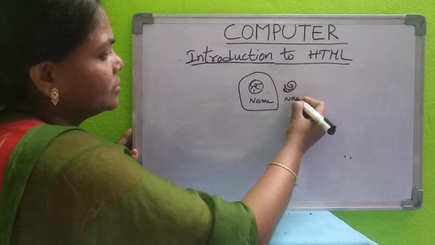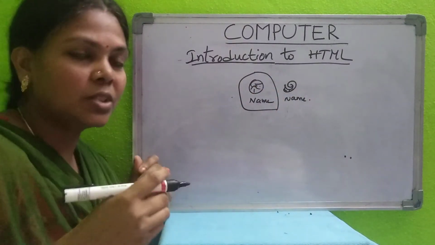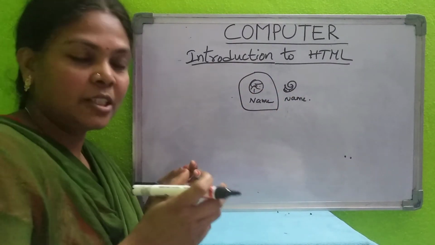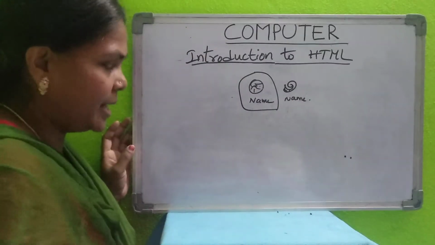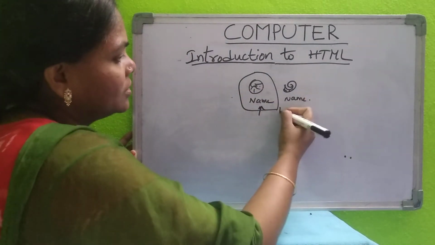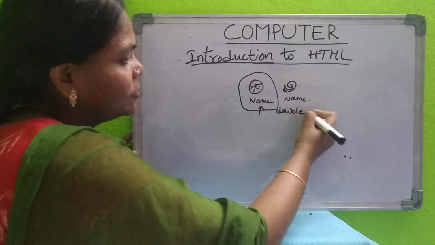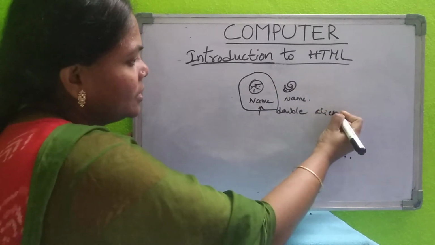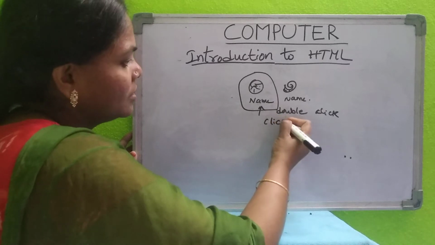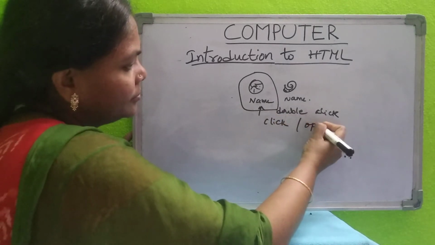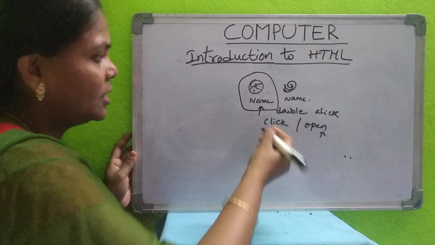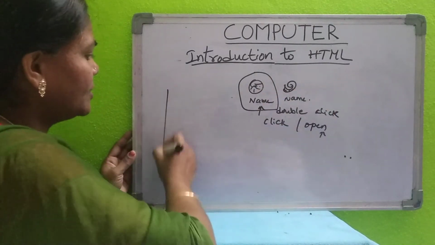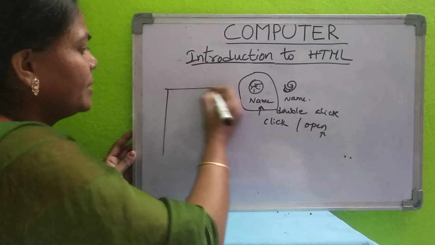Like this, whatever web browser you are using, your file name will be displayed with that browser symbol. When you double click on it, or click and open, like this you can open it and your web page will be displayed here.